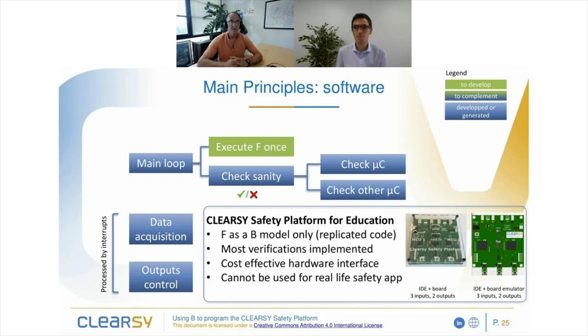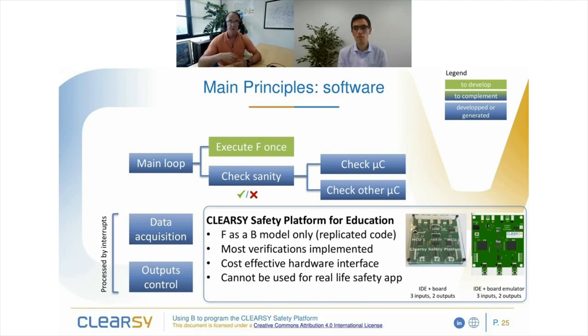The replicated codes, most of the verifications are implemented. And we are using a cost-effective hardware interface just to lower the cost of the board, because it's for education. So we don't need to be as extreme as we are in the industry. And the counterpart cannot be used for real-life safety application because of this limitation.